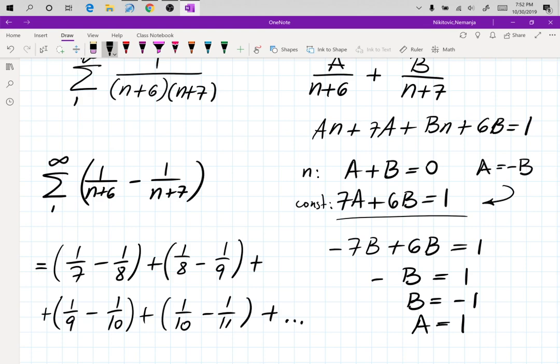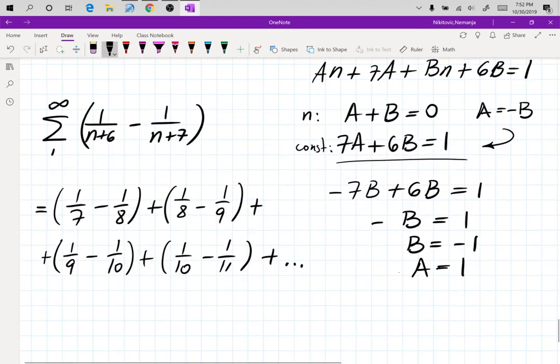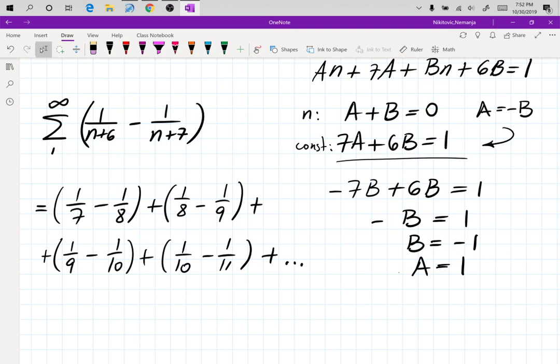Plus, I can stop because I already see the cancellation. The 1 over 8 kills 1 over 8 and 1 over 9 kills 1 over 9. So I even went an extra term, right? The 11 will die right there. So when they are 1 away, it's a really quick solution. Plus, set up 3 of these. It's enough.